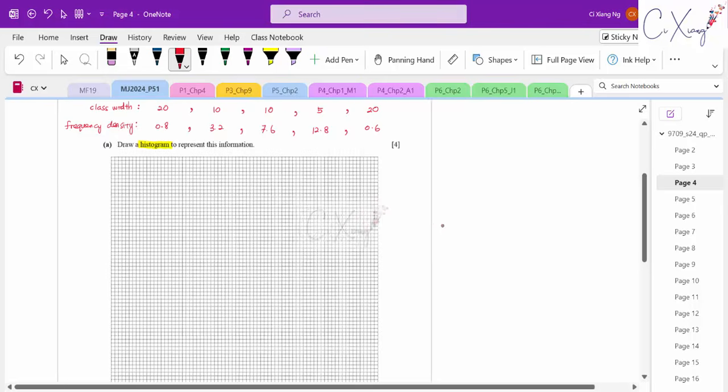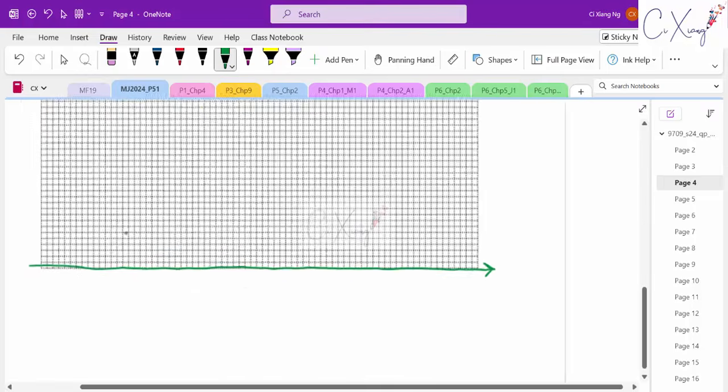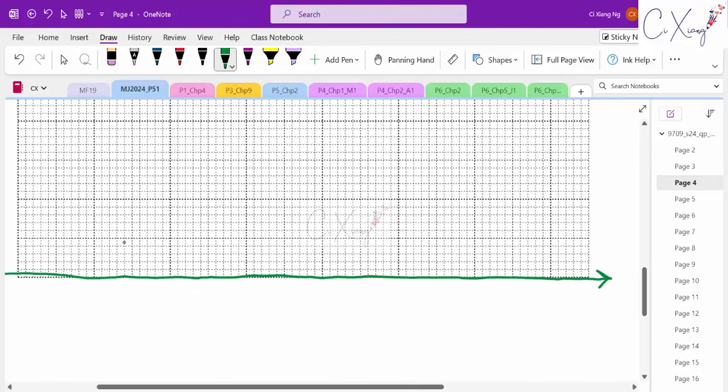So I have to decide a certain scale so that I can fit everything in. Alright, so what I do here is this one. I try to use the ratio. Start from 130 to 195, right? Okay, I need to enlarge it a bit. So 130, so I can make this one as 130. Then followed by 140 and so on.